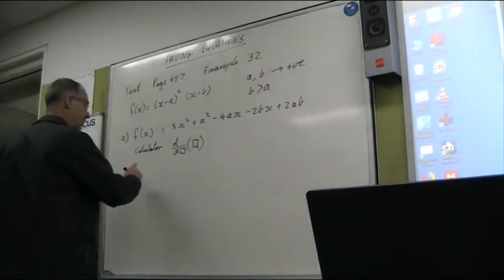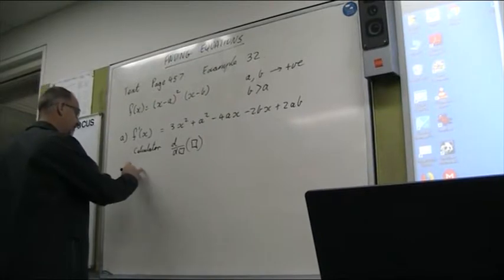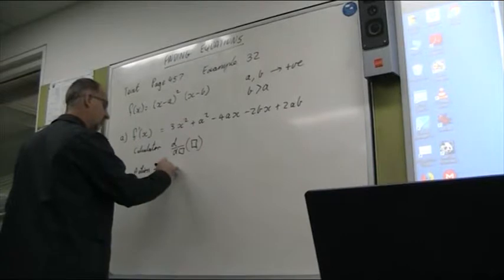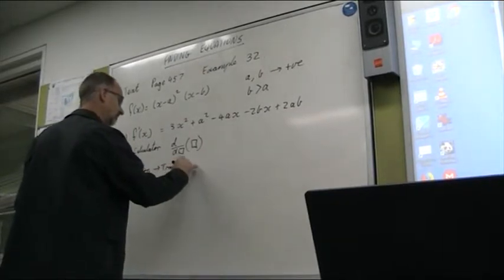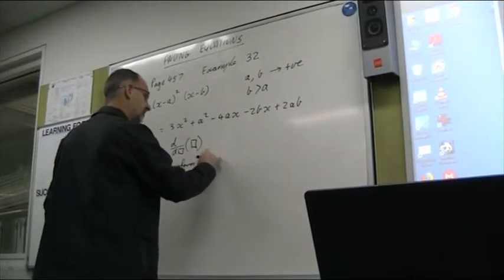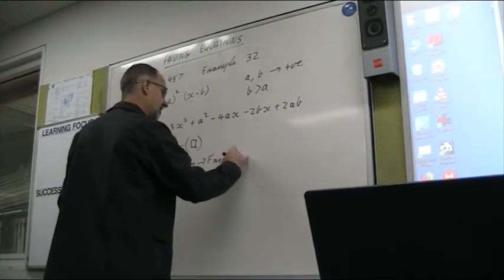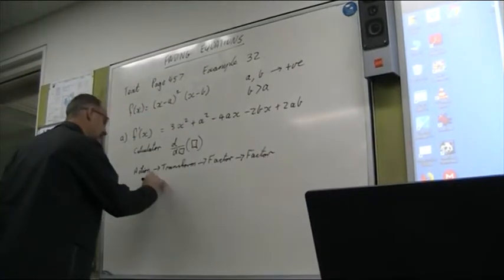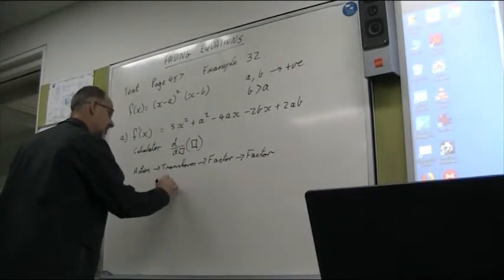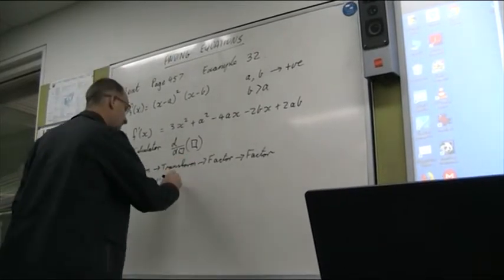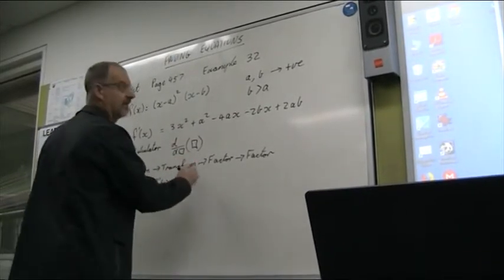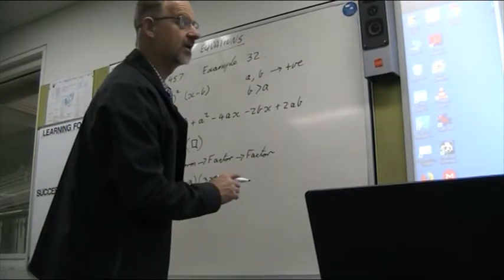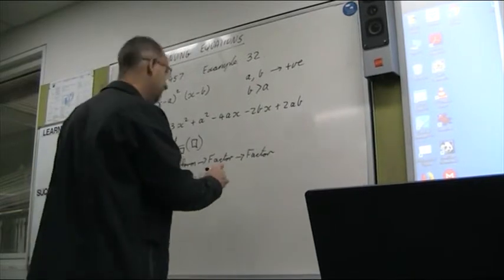So if you then go Action, Transform, Factor, then you get that the derivative is x minus a, bracket, 3x minus a minus 2b.